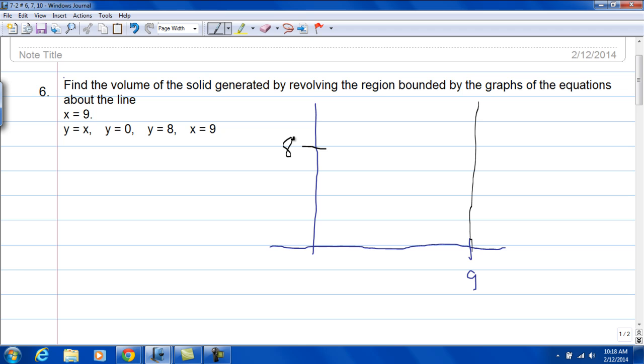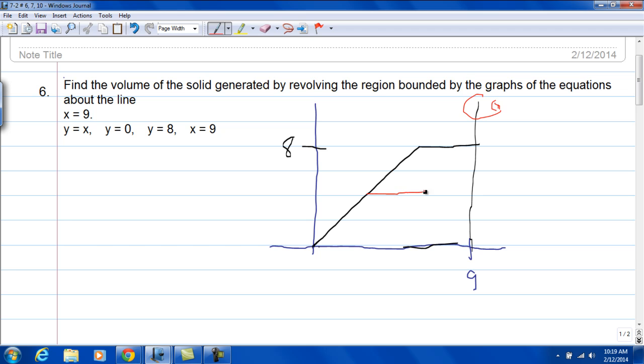Okay, so there's no gap between the shape and the axis of revolution. It's going to come up here so far, then go across like that, and down here, and then right there. So it's going to revolve around this axis.